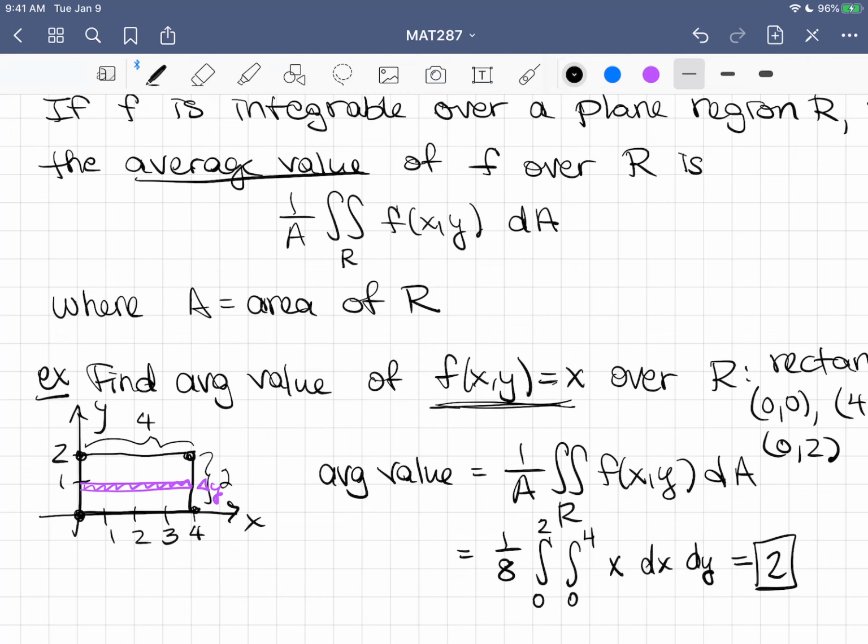And if you think about this rectangle, here's 2, right? So on this half, f of x y is between 0 and 2, and on this half, f of x y is between 2 and 4, right? And so it makes sense that the average would be right here in the middle. All right, go ahead and try the homework, and again, let me know if you have questions.